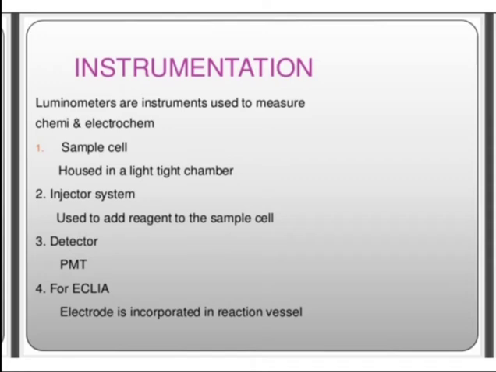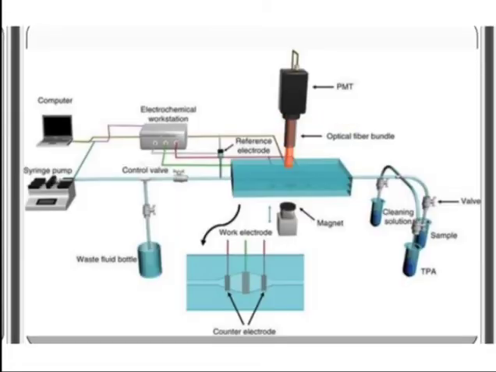The detector, the photomultiplier tube, was explained by me in the earlier lecture, and the electrodes are incorporated in a reaction vessel. This is the basic requirement for the instrumentation of electrochemiluminescence. This is the diagram of instrumentation.